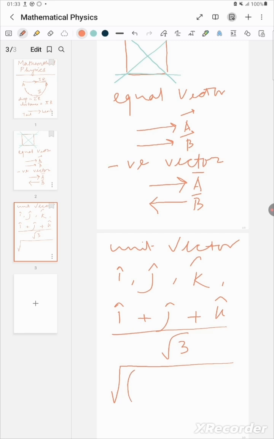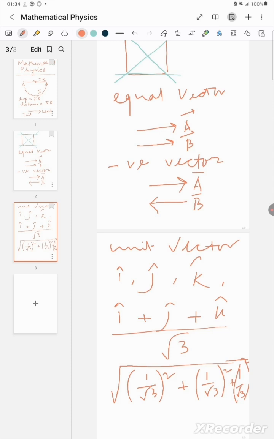It is the square root of the coefficient of i cap squared plus the coefficient of j cap squared plus the coefficient of k cap squared. So the coefficient of i cap would be 1 by root 3 squared, plus the coefficient of j cap 1 by root 3 squared, plus the coefficient of k cap 1 by root 3 squared.